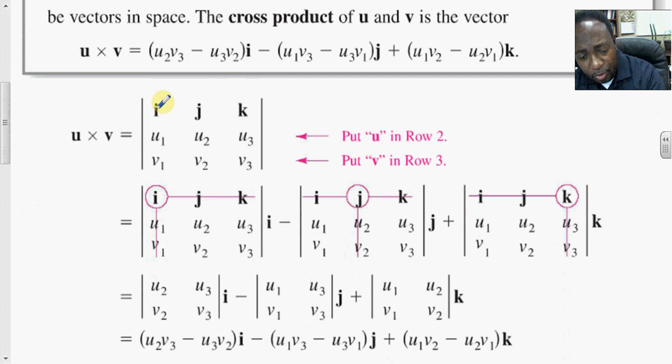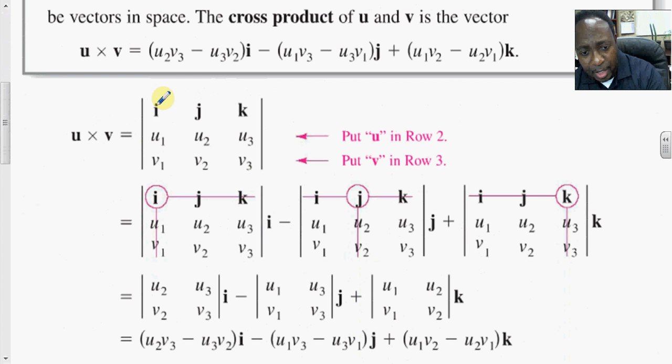So this is the first row, first column. 1 plus 1 is 2, which is even, so it's positive. This is the odd position, the first row, second column. 1 plus 2 is 3, so it's negative. This position here is even, first row, third column. 1 plus 3 is 4, so it's positive. And it doesn't matter which row or column you expand along, you just keep that rule in mind.